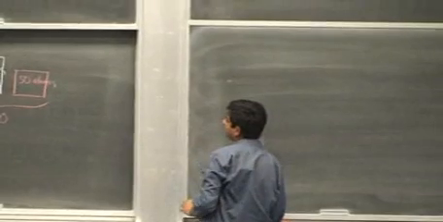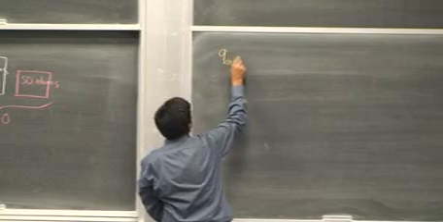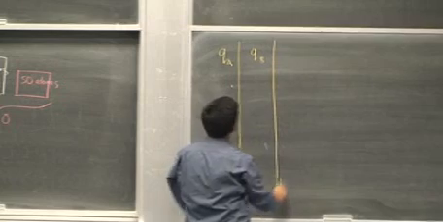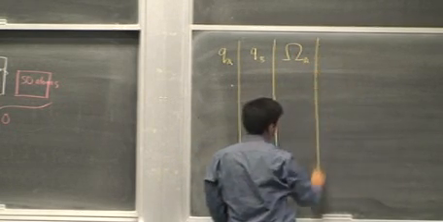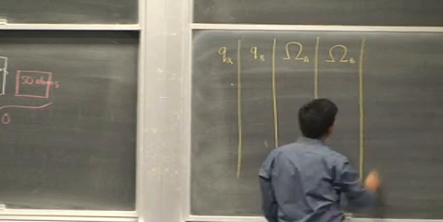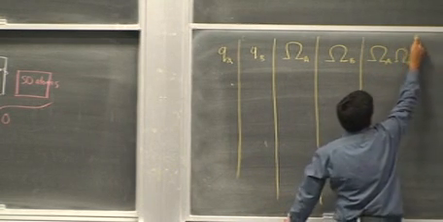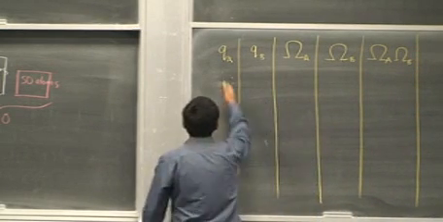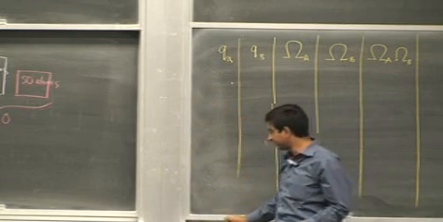Now I make an exactly similar table to start off with. I have QA, I have QB, I have omega A, I have omega B, and finally omega A times omega B. Now QA goes from, what's the range of QA? 0 to 100.